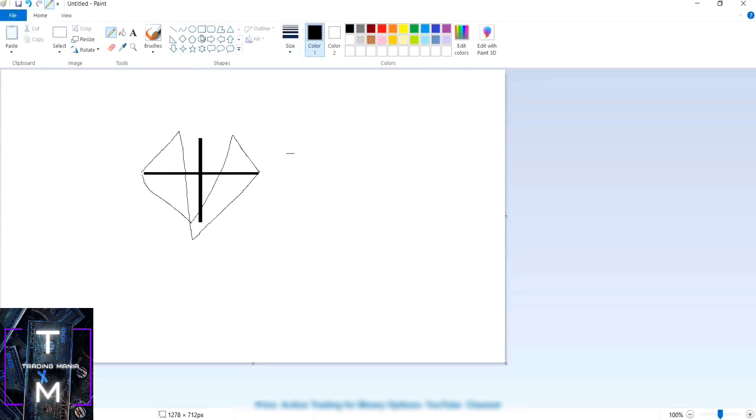Similarly, when you see a candle with small wicks, for example, let's say this is a bullish candle. This candle might have opened here, gone here, came down like this, then closed here.